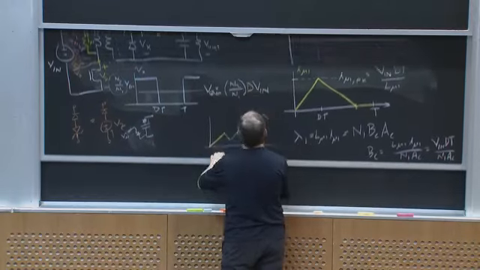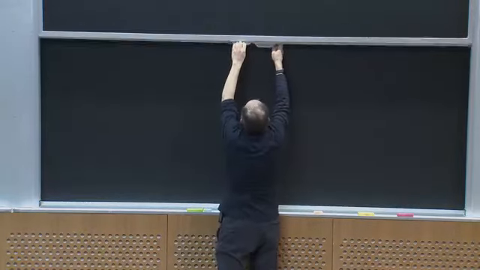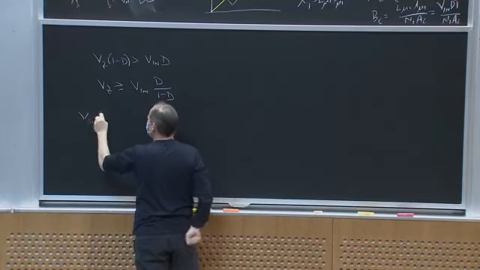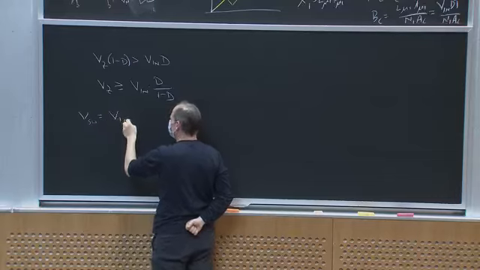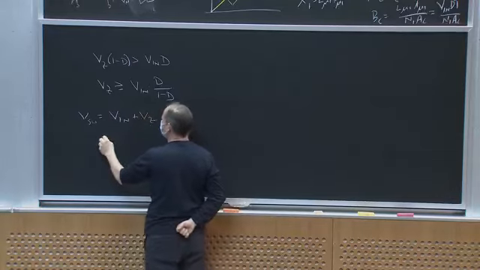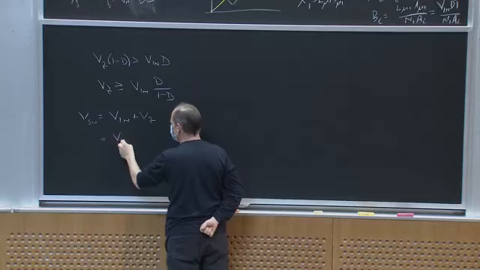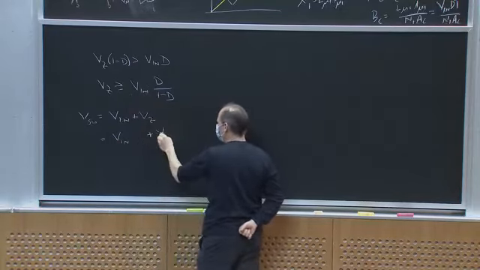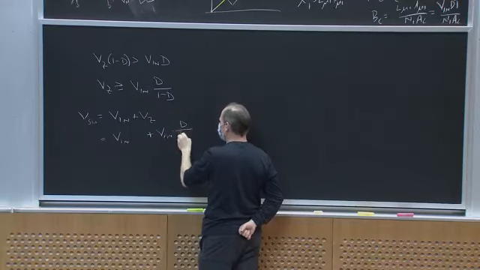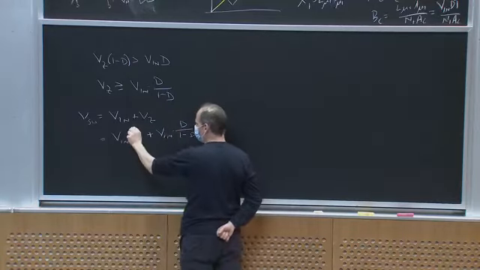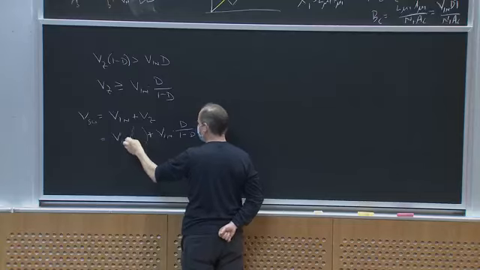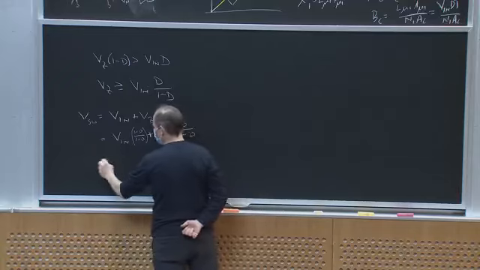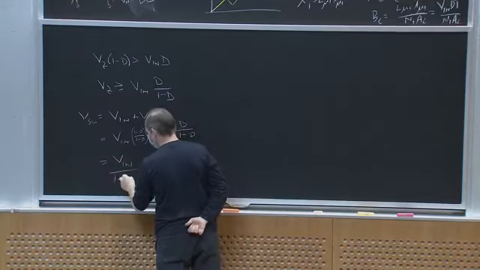So the peak switch voltage is equal to Vn plus Vz, which, using the minimum value, is Vn plus Vn times D over 1 minus D. I could rewrite this as Vn times 1 minus D over 1 minus D. That's the same thing, and this gives me Vn over 1 minus D.